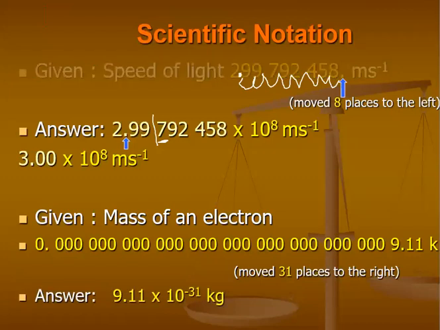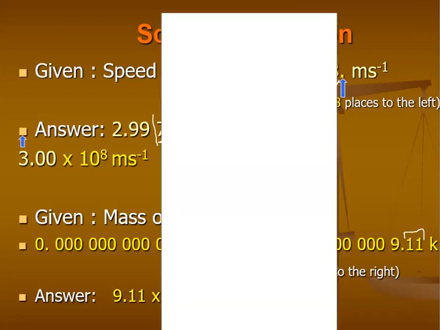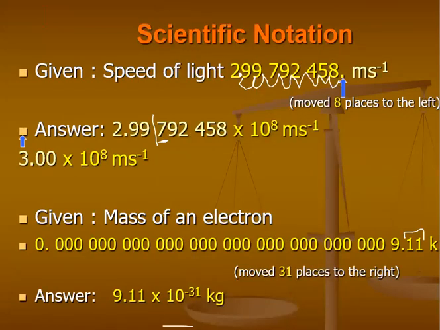So it will look like 9.11. After the first two decimals there's no more number, so it will just stay like that. So it will be 9.11 times 10 to the exponent negative 31.